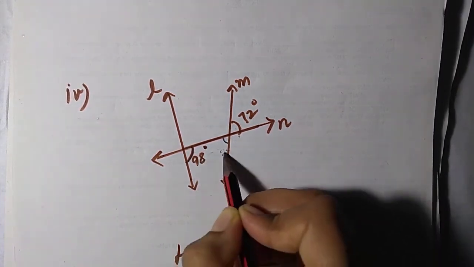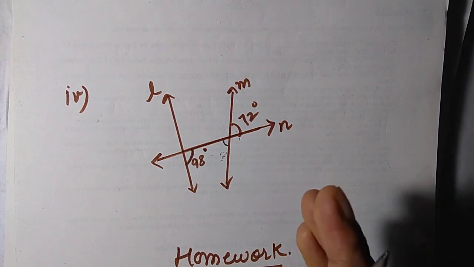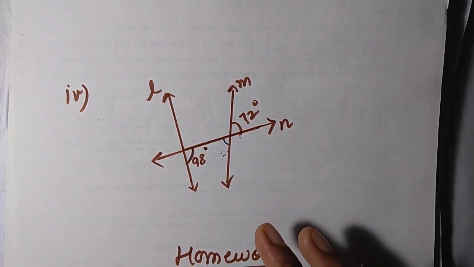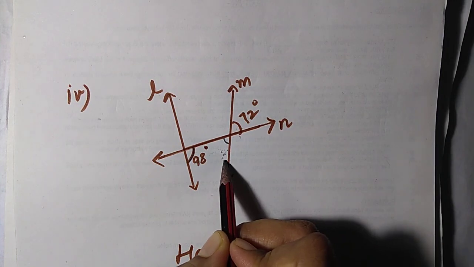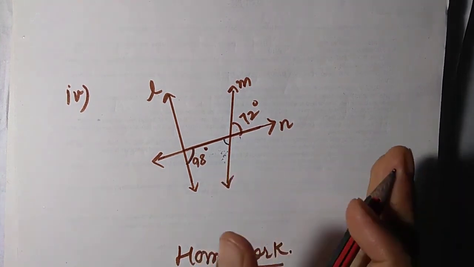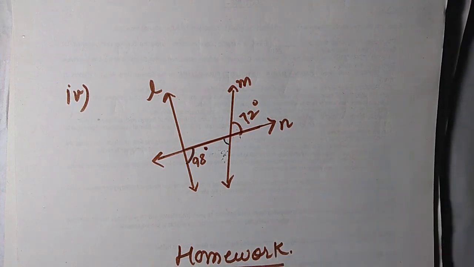Then you have to sum these. If their sum comes out to be 180, then the lines are parallel, because they are co-interior. If the sum of co-interior angles is 180, then and only then are the lines parallel. In these cases, I am just checking whether the co-interior angle sum is 180 or not. Okay, you can apply any one of the methods which I have explained in the first part.